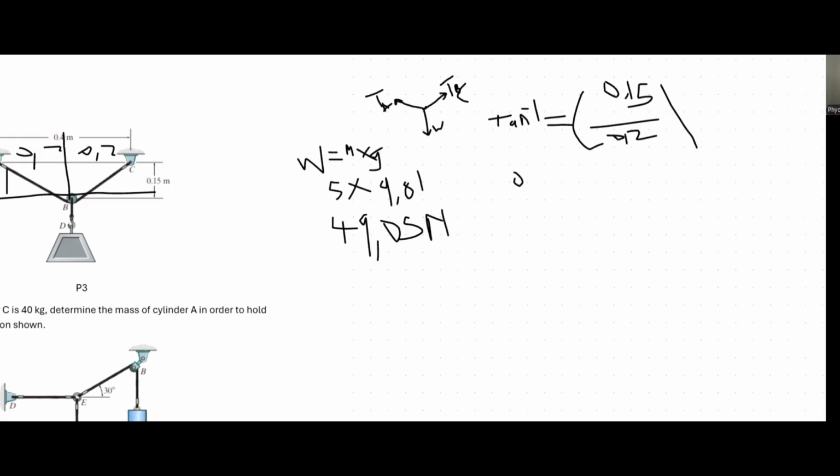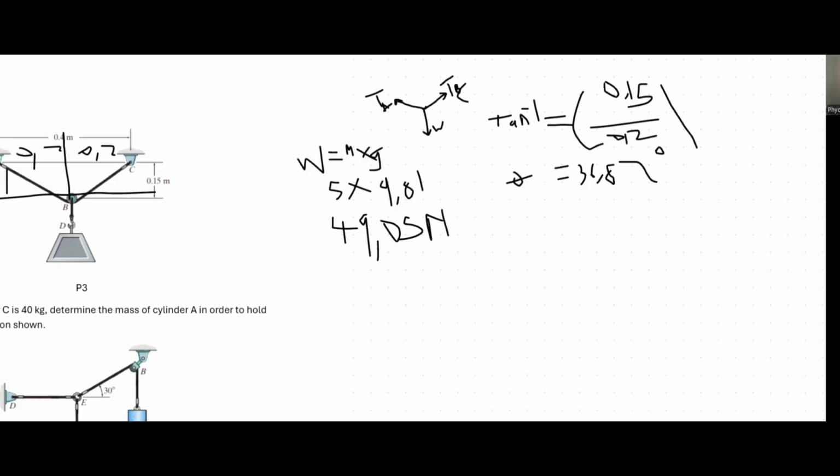Theta is equal to 36.87 degrees. Let me shift to 0.15 over 0.2. Yeah, it's 36.87 degrees.